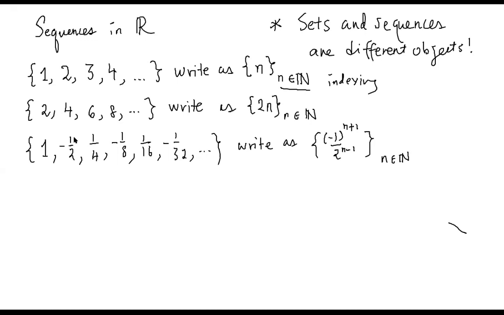So 1, you halve it, you get 1 over 2. You halve it, you get 1 over 4. You halve it further, you get 1 over 8, and so on. Every number is 1/2 of the previous number. And then the positive, negative signs alternate: start at positive, negative, positive, negative, and so on.